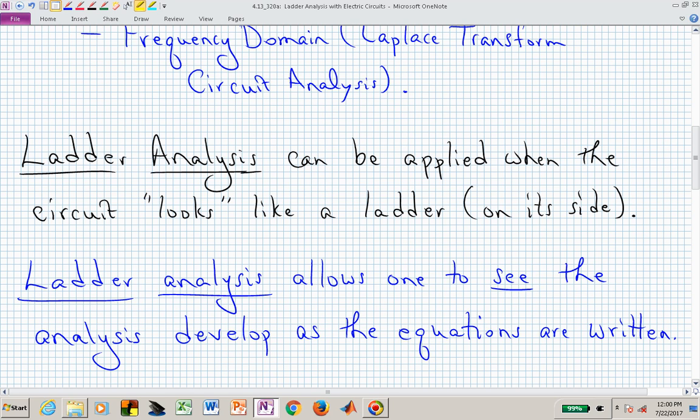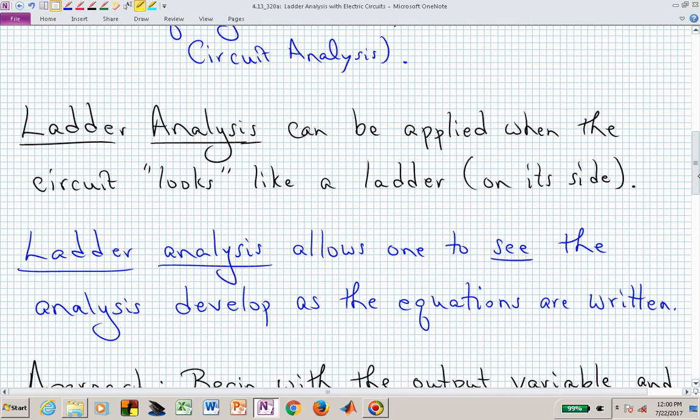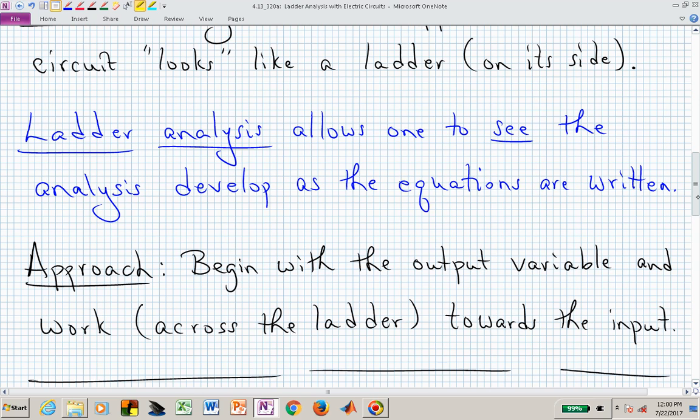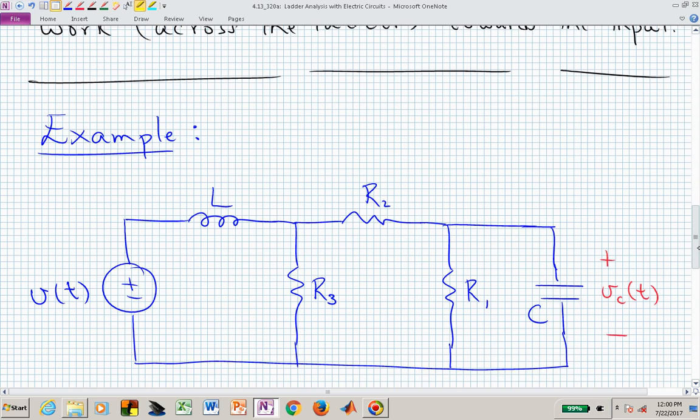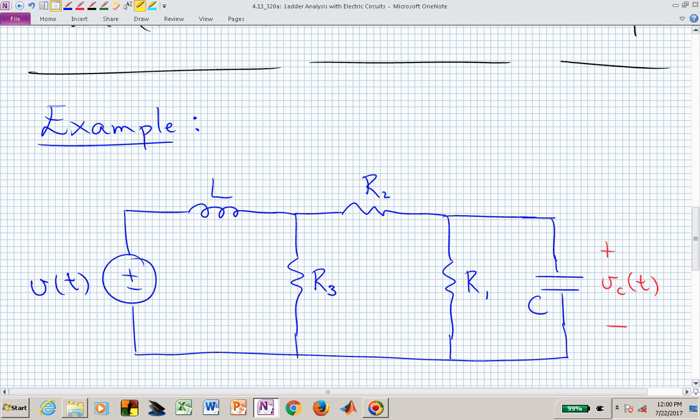Now we can follow the analysis as we proceed, and it makes sense at each step what we are actually obtaining as a result. And the approach will be to start at the output variable and work our way across the ladder towards the input. And here is the example circuit that we will use to help illustrate that.